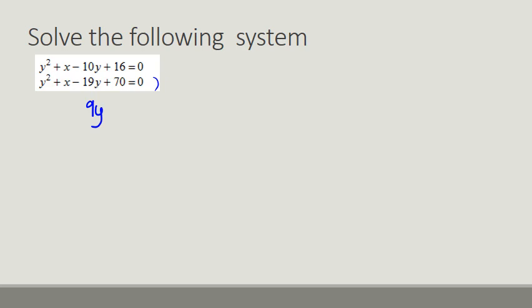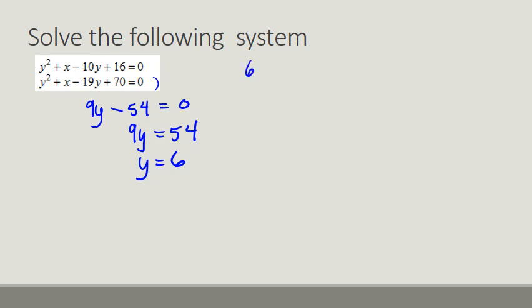16 minus 70 is negative 54 equals 0. So 9y equals positive 54 and y equals 6. And then it really doesn't matter what equation I put it back into. They're pretty much similar.